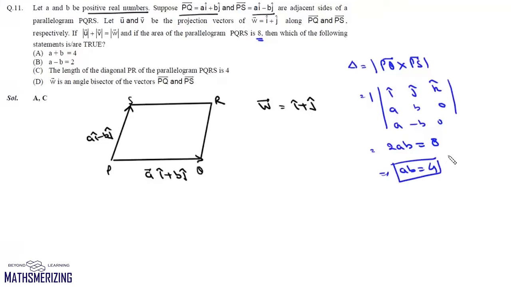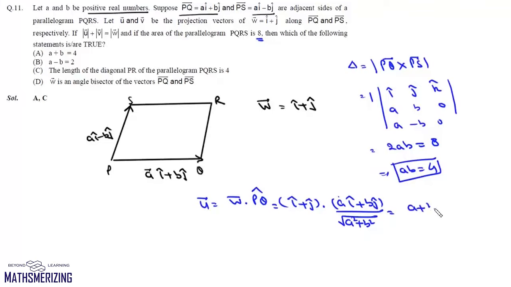Now we'll find U and V, which are projection vectors of W on PQ and PS. So this U will be W dot PQ bar, so it will be I plus J dot AI plus BJ upon under root of A square plus B square, which is A plus B upon under root of A square plus B square.